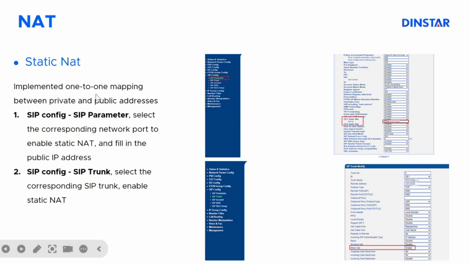Next, let's look at the NAT configurations. In many scenarios, the MTG is deployed in a private network while it needs to register to a public SIP server. So the traffic usually goes through a router or NAT device. In some cases, if NAT information is not handled properly, the network may fail to process the signaling correctly, or the mapping may not work as expected.